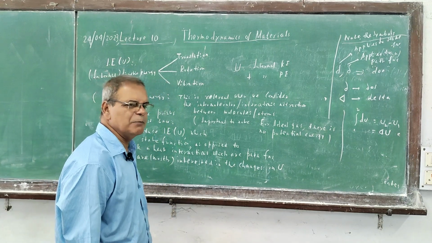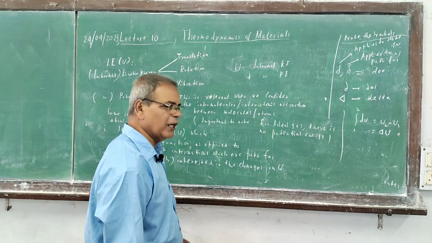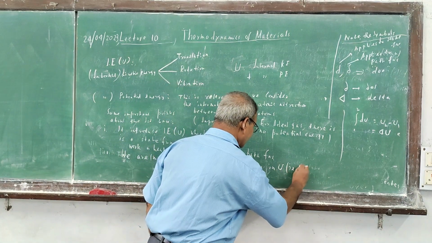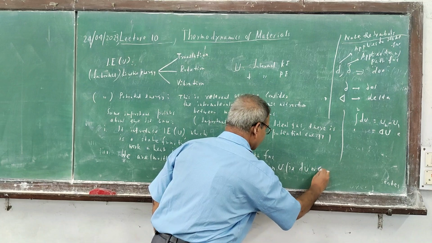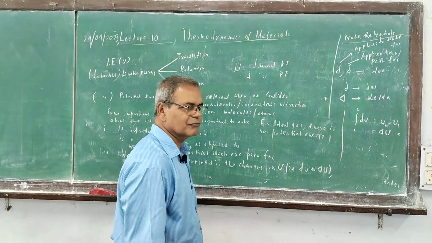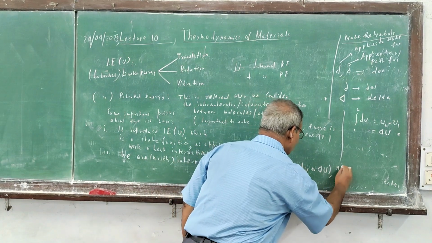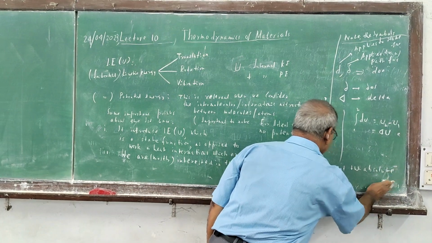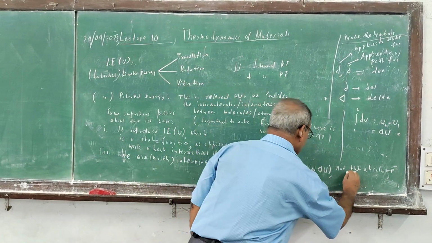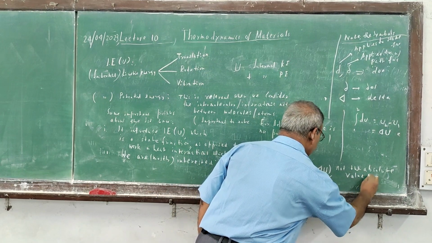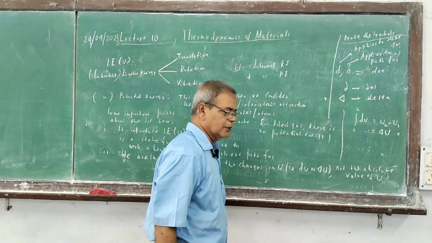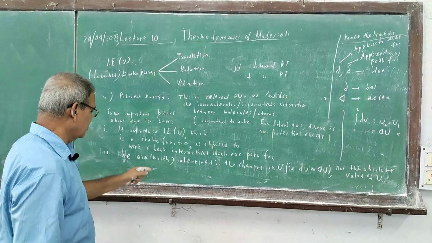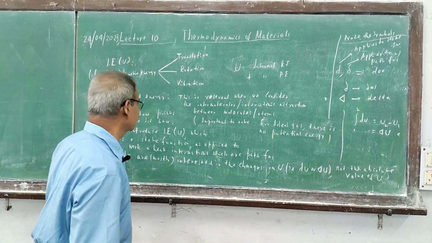For a simple system it may be possible, but it is difficult. Fortunately we are interested in the changes in U. Sometimes we may know the absolute value, but mostly we are using changes.